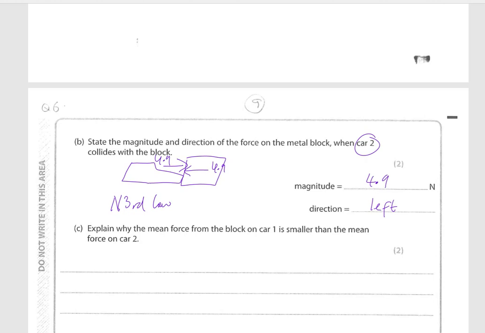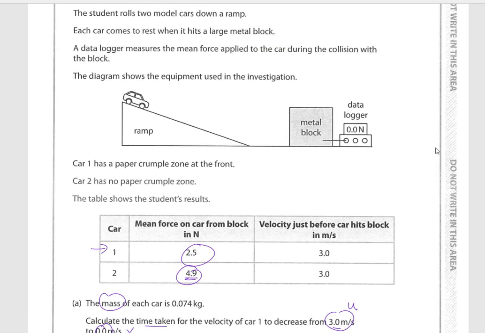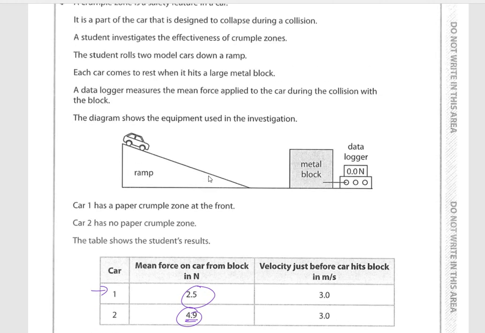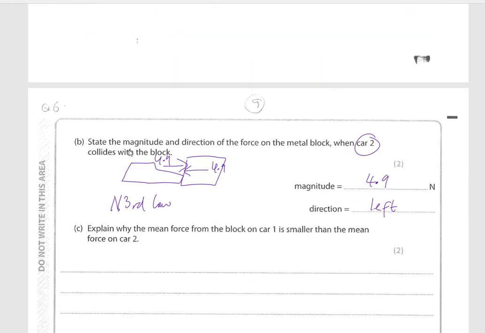Okay. Wait a minute. Let me just check. Car 2 has no crumple zone. Okay, let's have a look. State the direction, the magnitude.